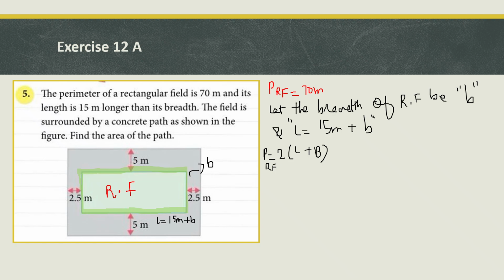Now equate them. So 70 meter is equal to 2(L plus W). What next is, you can replace L by 15 meter plus b and capital W by small b.